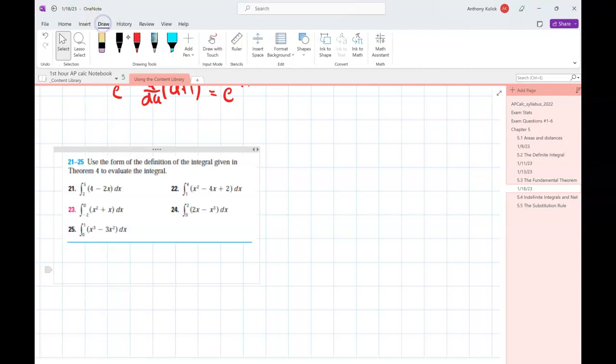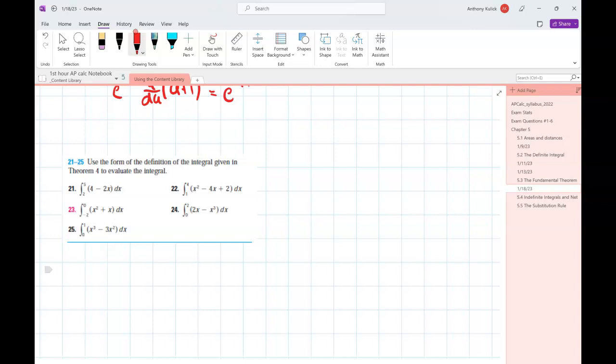All right. So this says, use the form of the definition of the integral given in Theorem 4 to evaluate the integral. So in Theorem 4, I have that the integral is the limit as n approaches infinity of the sum from i=1 to n of f of x sub i delta x.